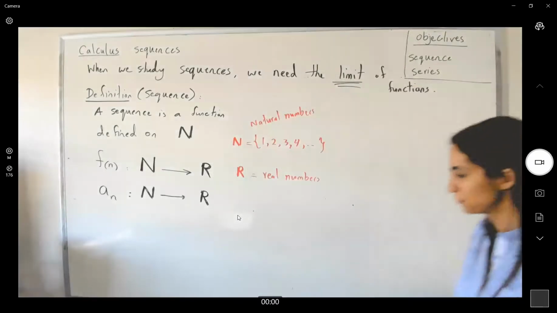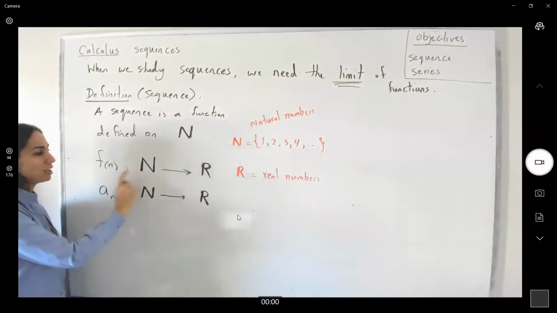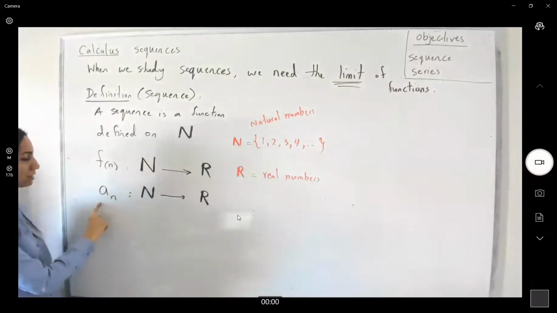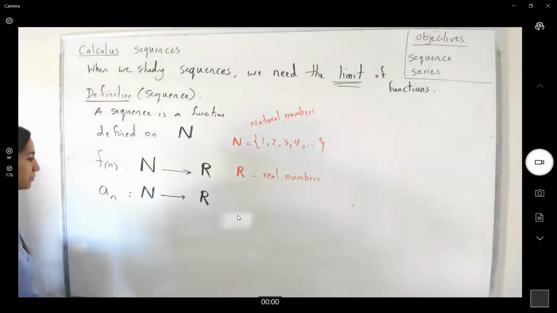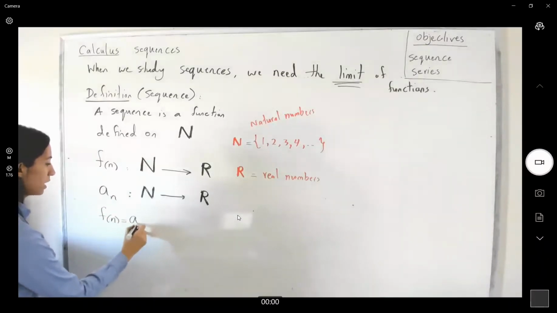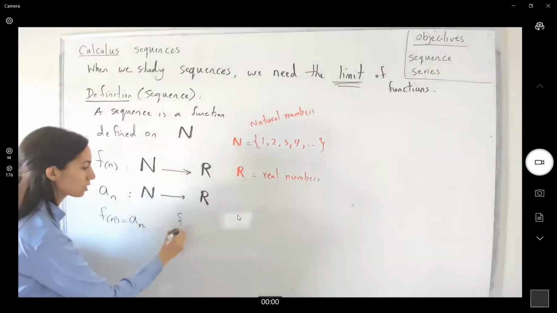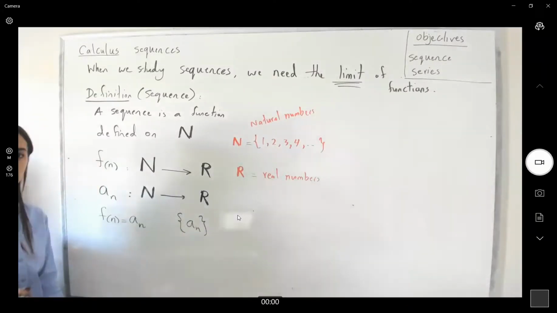Perfect. So a sequence like f of n is a function that takes some values from n and maps them to R. It's denoted by a sub n as well. So you can write it this way: f of n equals a sub n. Sometimes we denote it this way. We use curly brackets and write the general term inside the curly bracket. These are all notation for a sequence.